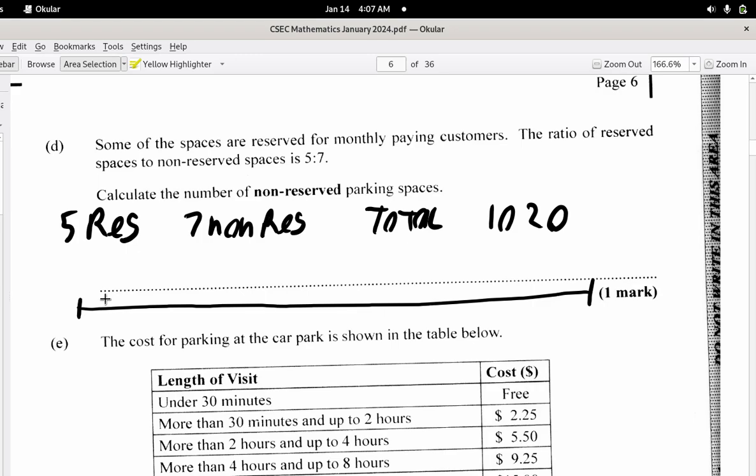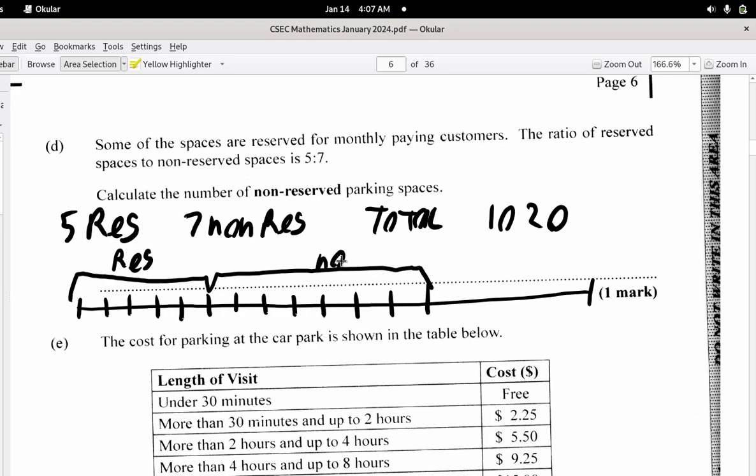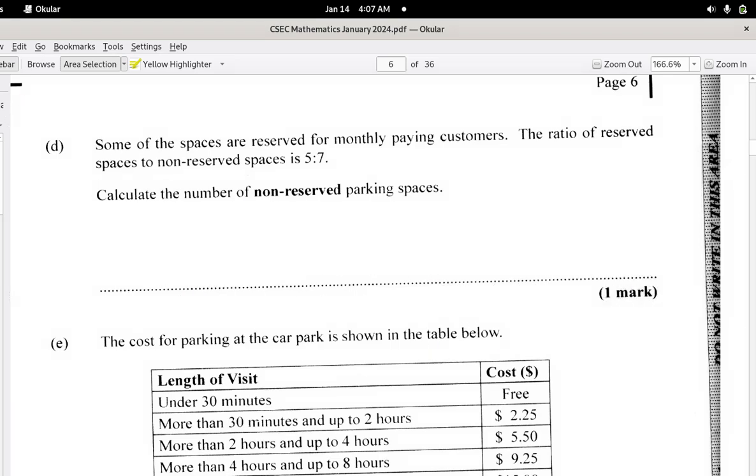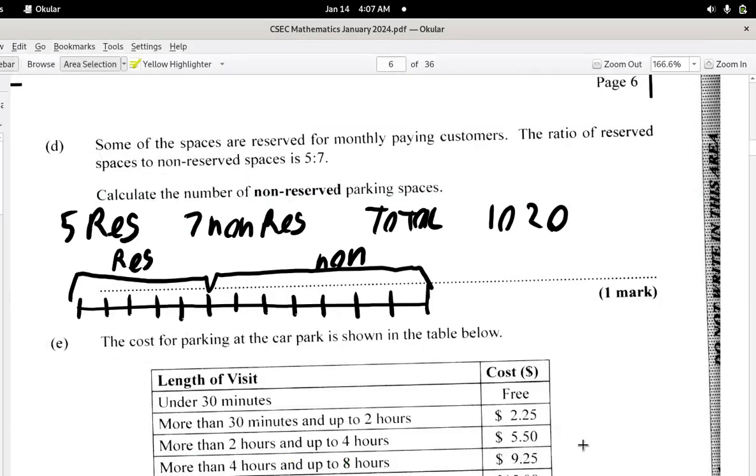You cut this up into 1, 2, 3, 4, 5. That's reserved. And you cut this into 1, 2, 3, 4, 5, 6, 7. And this is non-reserved. Alright?